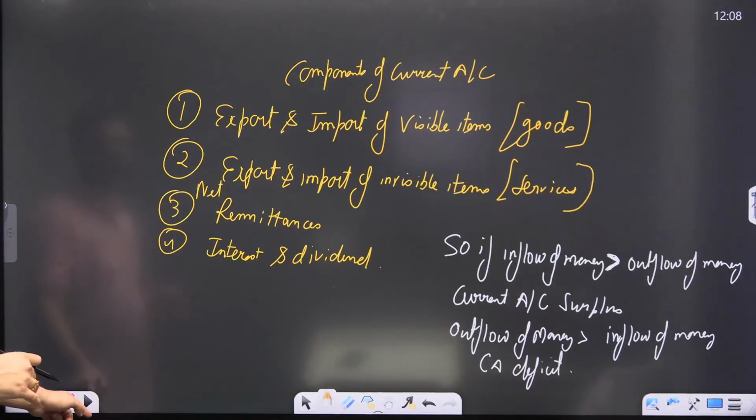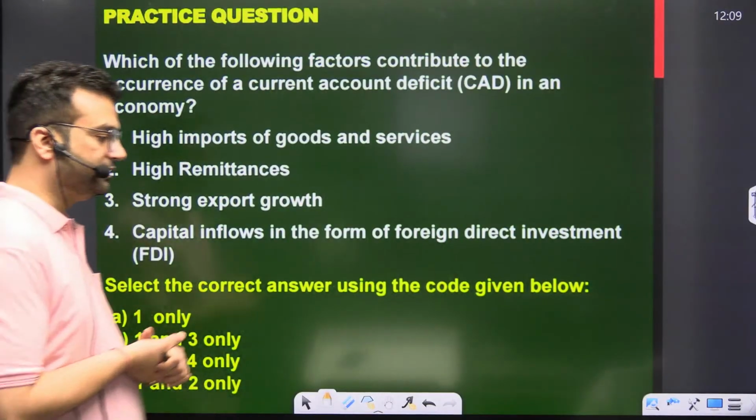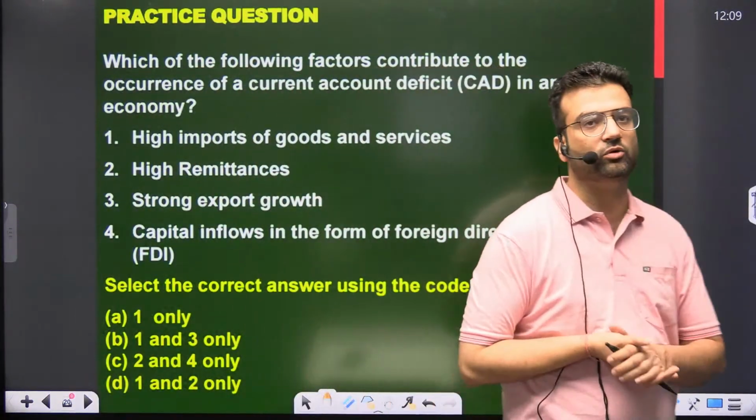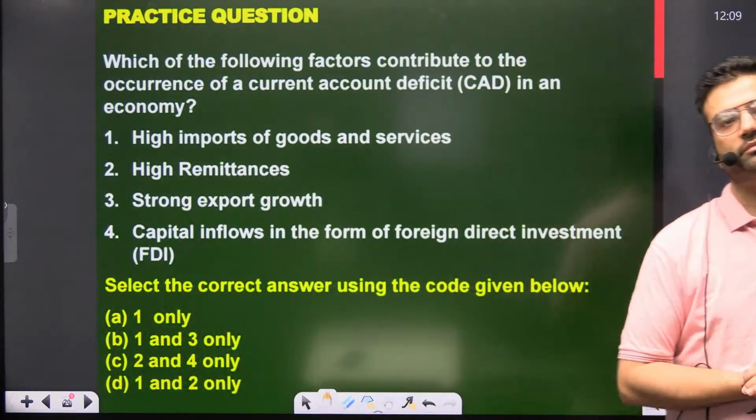Now friends, attempt this question on current account deficit, and then I will discuss insolvency bankruptcy code that is asked by Fatima.